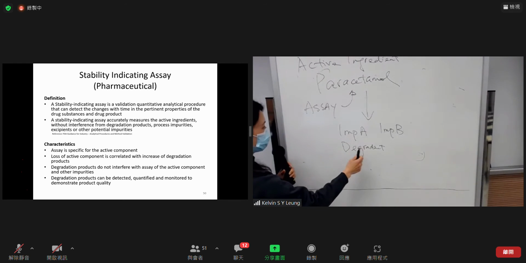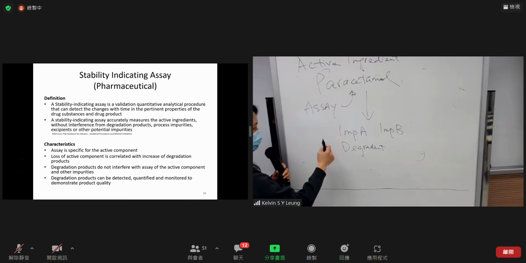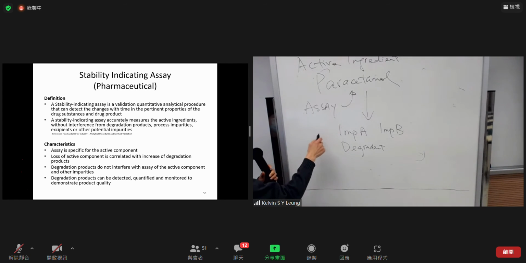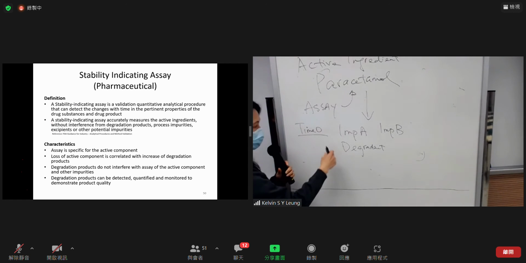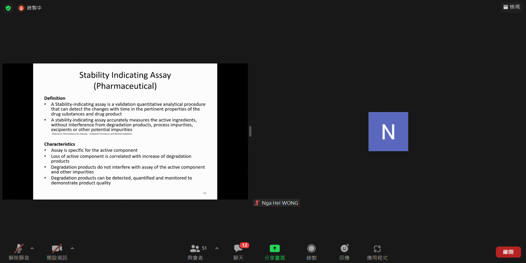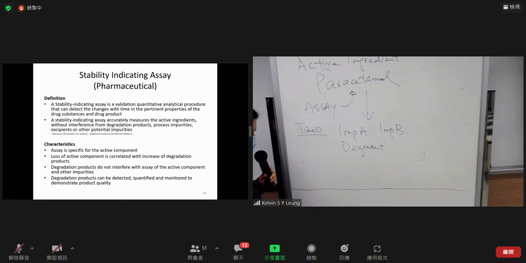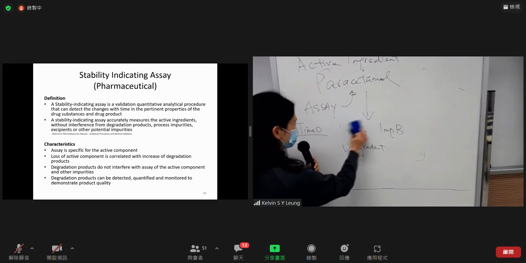Maybe it is not originally found at time point 0. It may be found after a year or after 6 months or so. But at the very beginning, when you prepare the method at time 0, you don't know what will happen to the drug. So at the very beginning, at time 0, we will try to stress our samples.